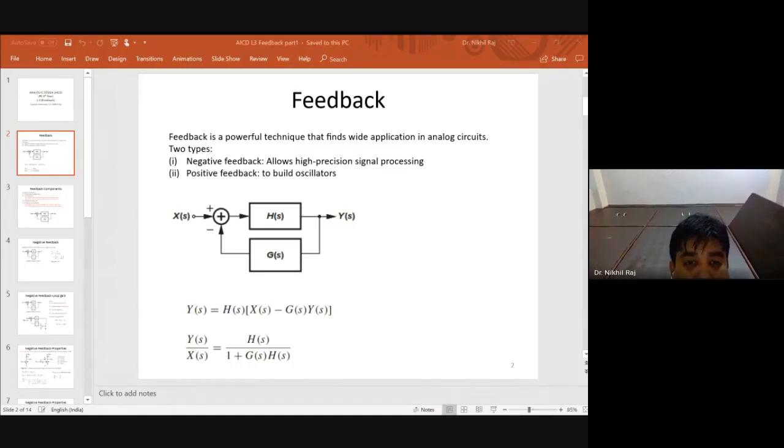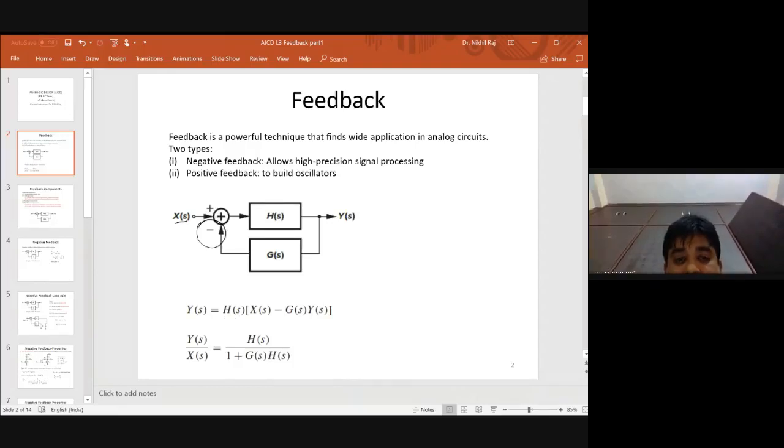This is your feed forward amplifier, and this is your feedback. When we want to write the expression, Y(s) will be equal to H(s) into X(s) minus, due to this negative feedback, G into Y(s). This you must have gone through in your control system syllabus, how to write these equations.